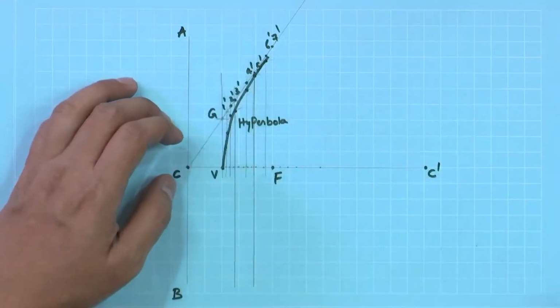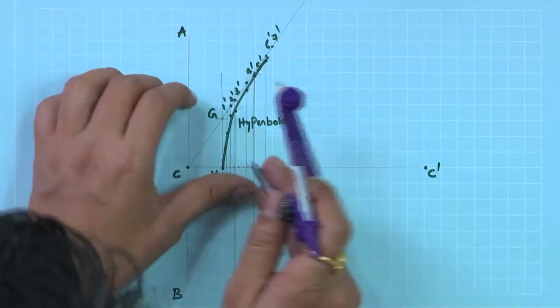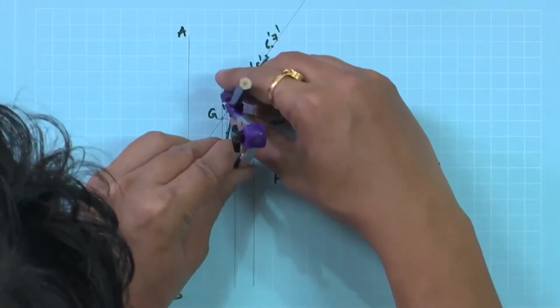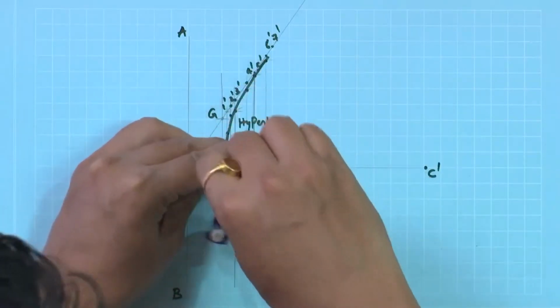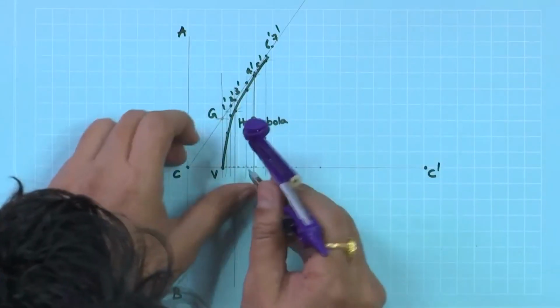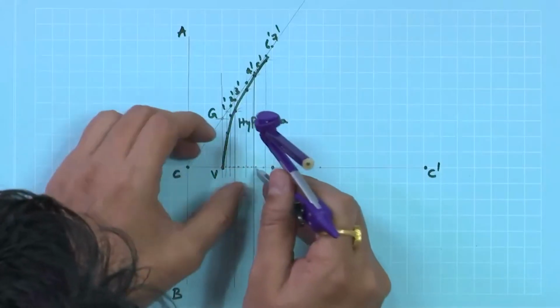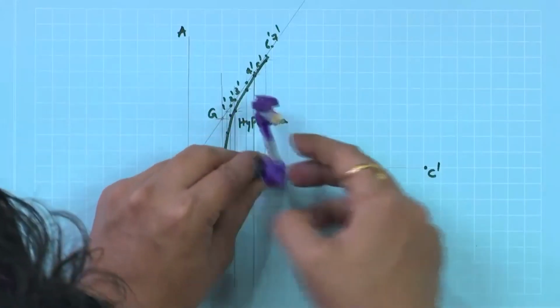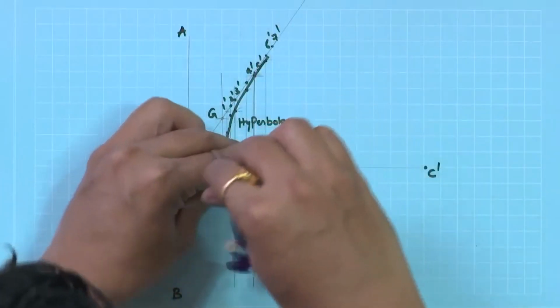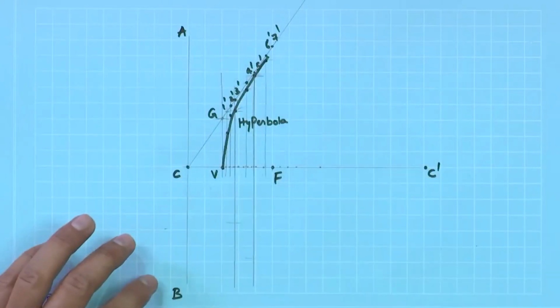Transfer these lengths on the vertical axis. Because of symmetry, we will be in a position to transfer these lengths. Otherwise, from the focal point again we have to make such lengths and transfer them.